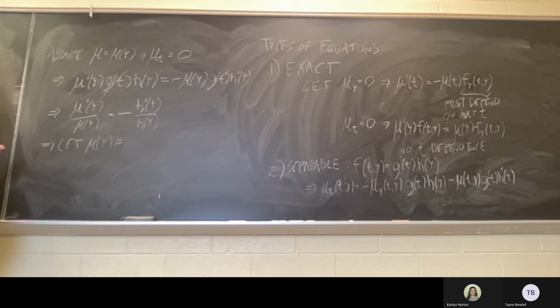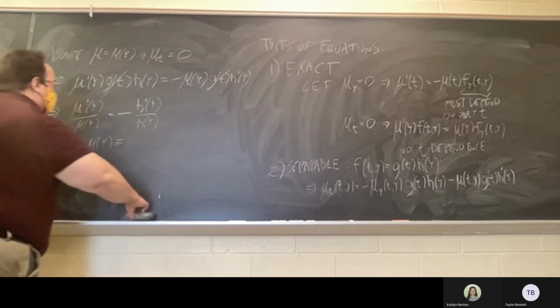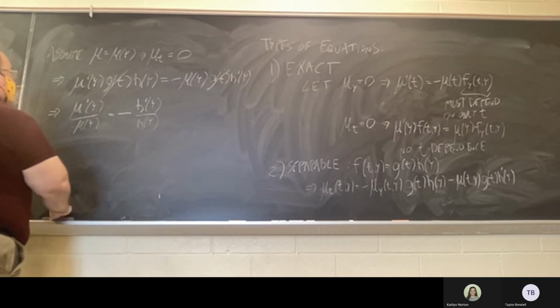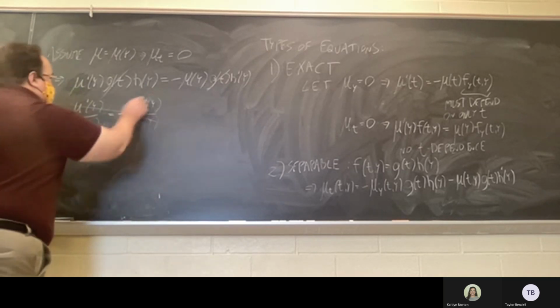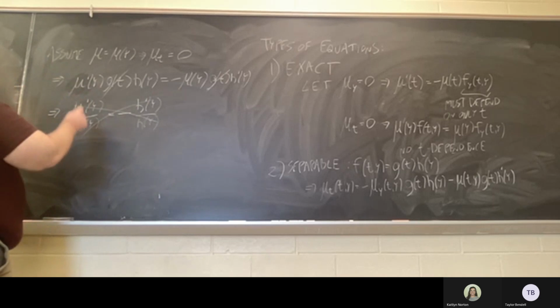So if I have minus h prime over minus h, that's h prime over h, whereas I really need minus h prime over h. So that's so close. All right. So that didn't work. Let's look at this again.